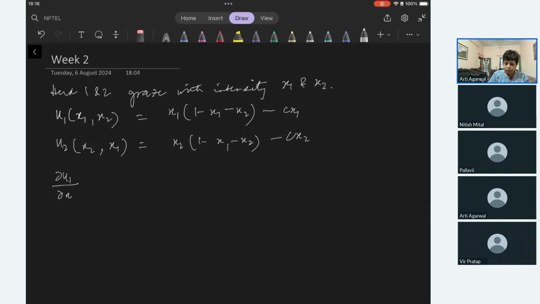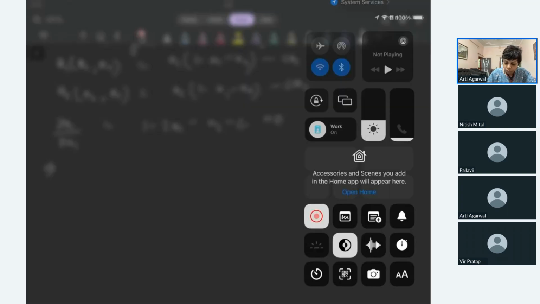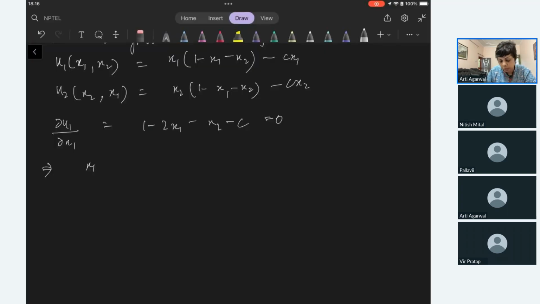And you will get something like 1 minus 2x1 minus x2 minus c equal to 0. This is just simple differential calculus. And this gives you x1 star, if you want to call it the best response, x1 star equal to (1 minus c minus x2)/2.